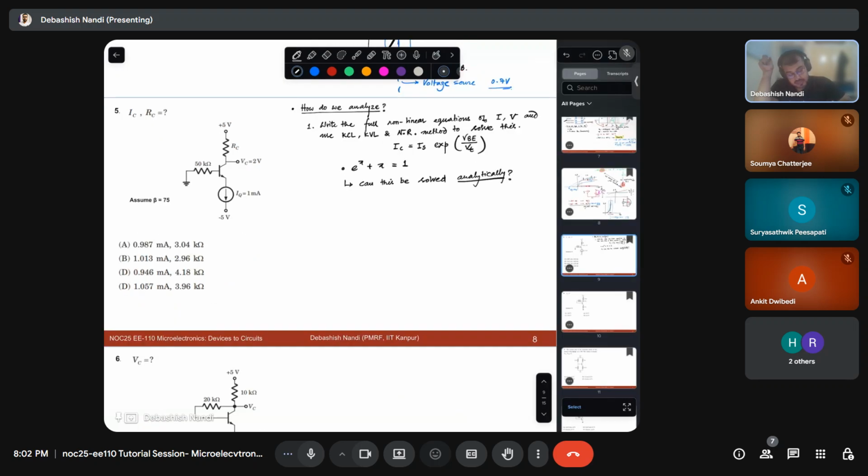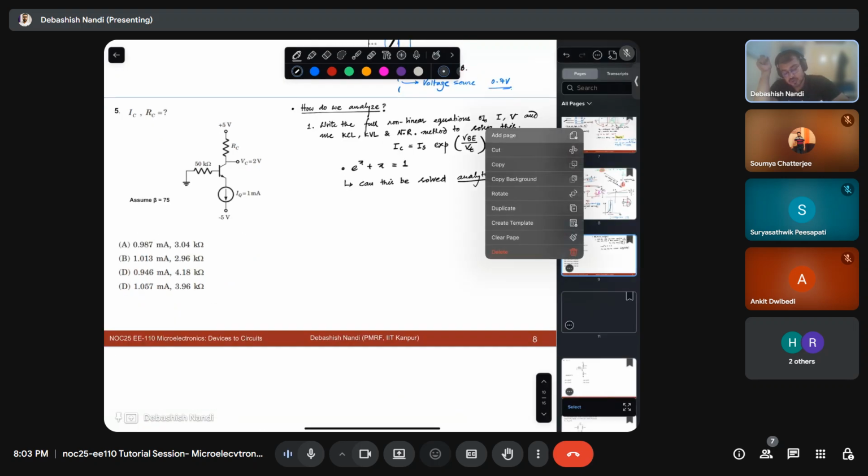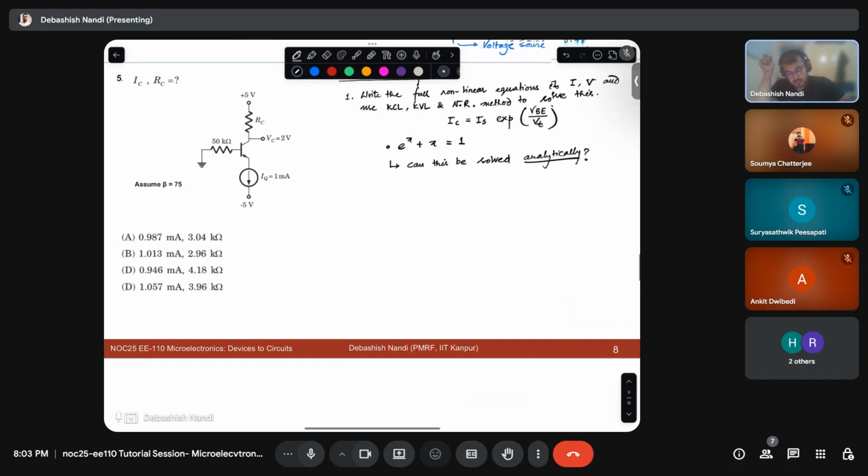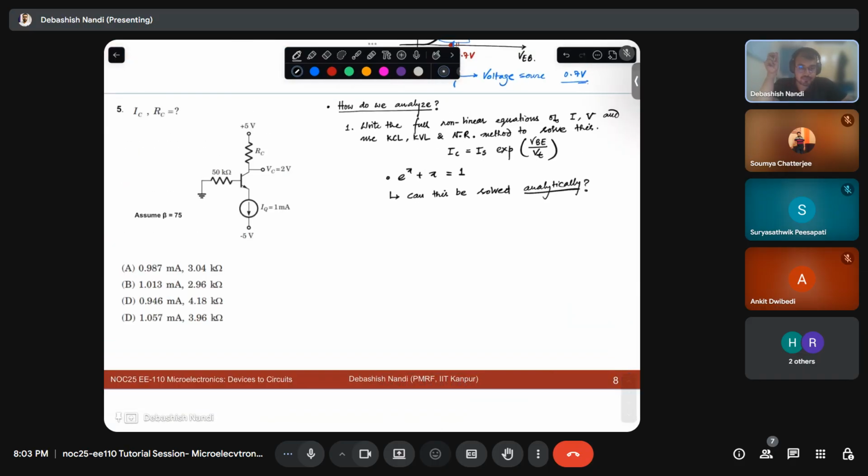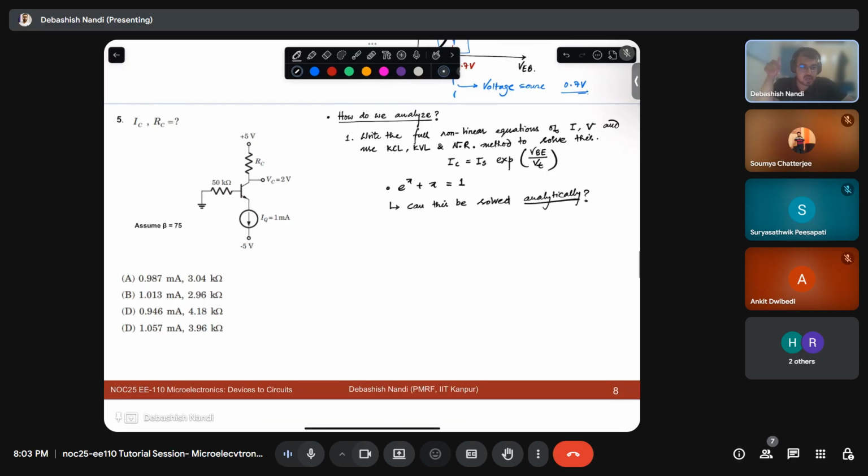Anyone? These are some of the important concepts you should know. Can this be solved? Can I find the value of x? Just tell me what you think.